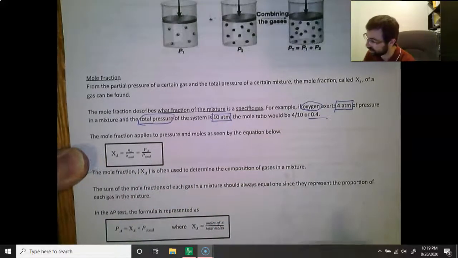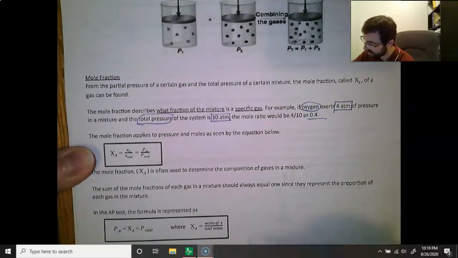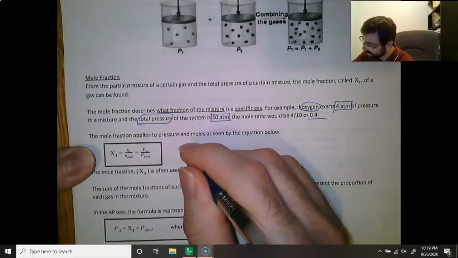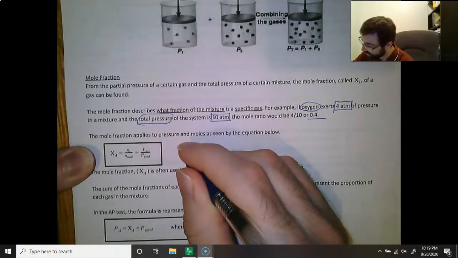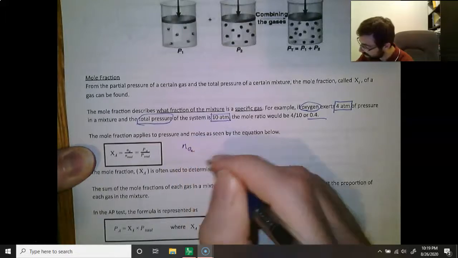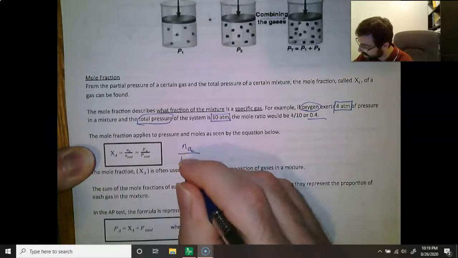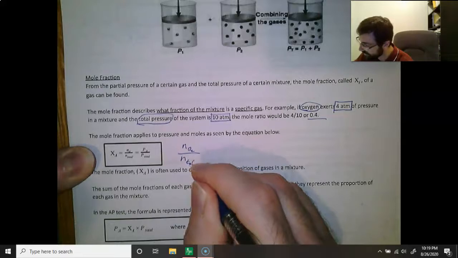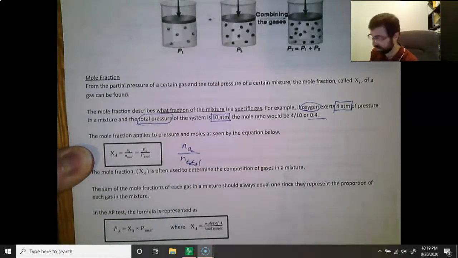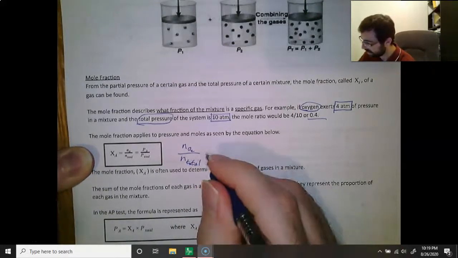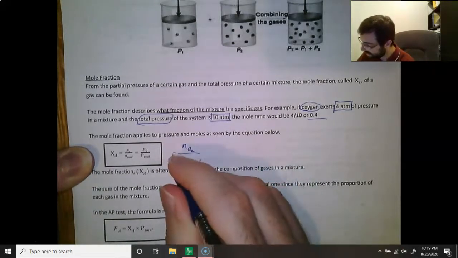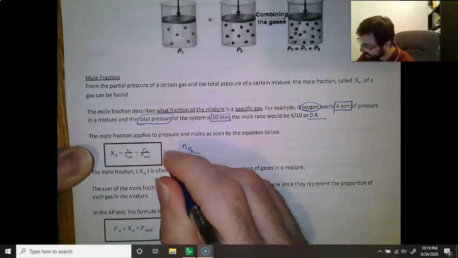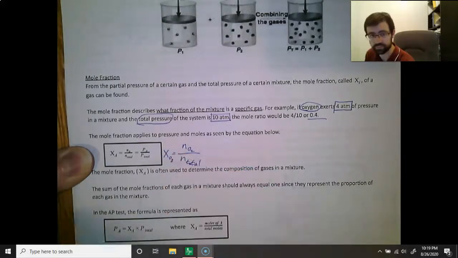So in our example over here, what we're saying is the number of moles of O2 over the number of moles total, whatever else is in the mixture, is equal to X of O2.